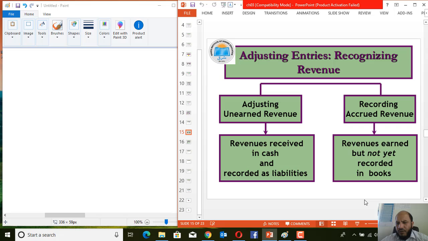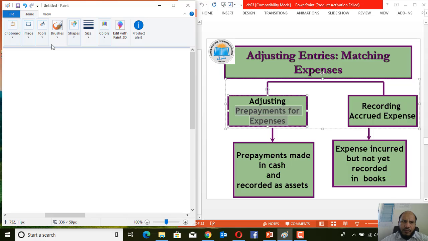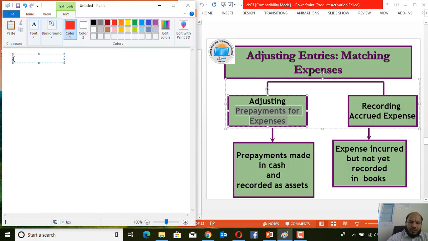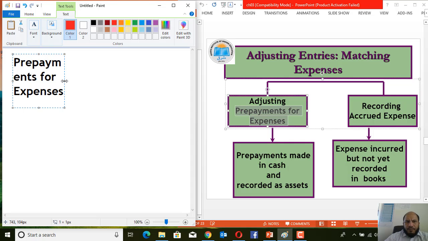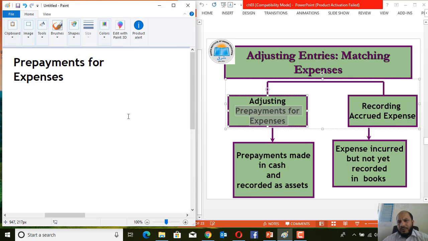Okay, dear students, now we will move towards the second slide. In second slide we have a prepayment for expenses. This also need adjustment. So prepayment, or it's also called the advance payment. It means that payment has made in cash.